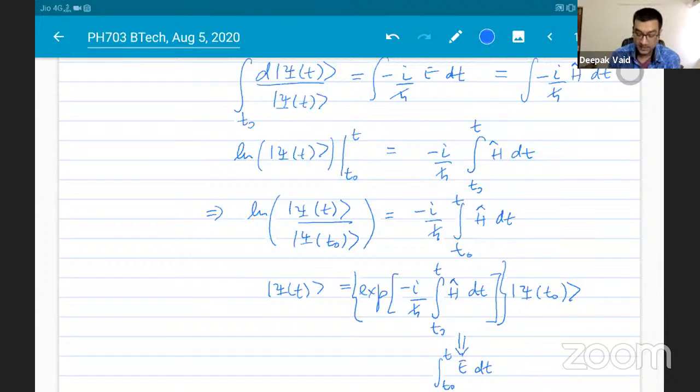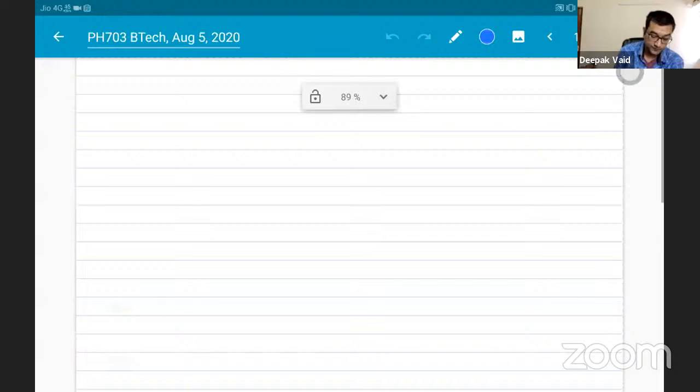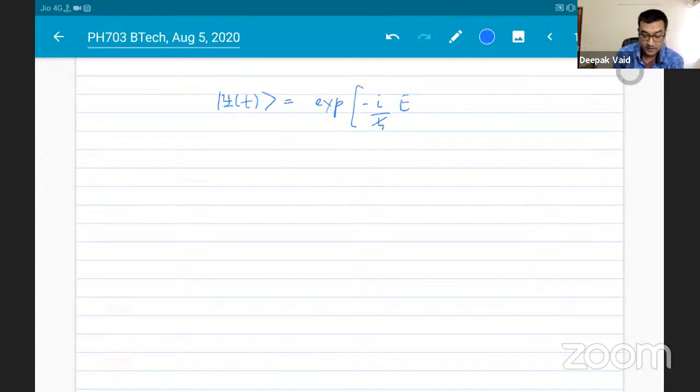So this integral is what? This is just E times t minus t naught, right? So the whole solution would become psi of t is equal to exponent minus i over h bar E times t minus t naught, times psi of t naught.